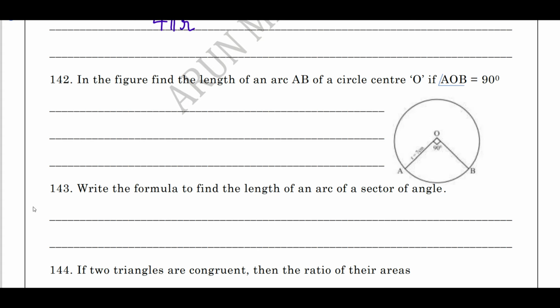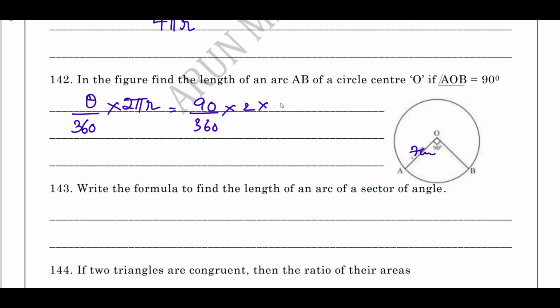Length of an arc with AOB, radius as 7 centimeter and angle AOB is 90 degree. So length of an arc is given by the formula theta by 360 into 2 pi r. Given radius as 7 centimeter. 90 by 360 into 2 into pi value is 22 by 7 into radius is 7. 7 will cancel out. 9 ones are 9, 4s are 2 ones are 2, 2s are 2 ones are 2, 11s.